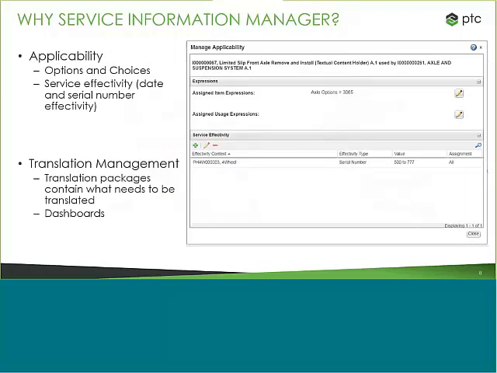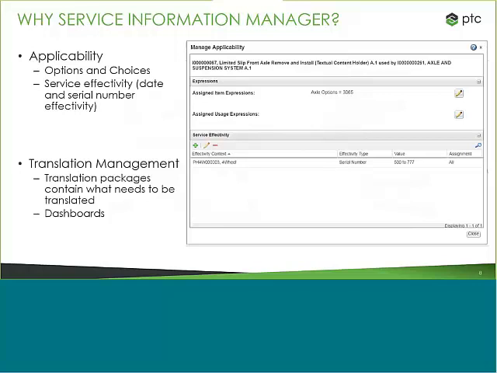And then, as I mentioned, applicability is a key feature that service information provides. And then another one is translation management. This dialog shows what the manage applicability options are available to the user. And there's two sections to the dialog.